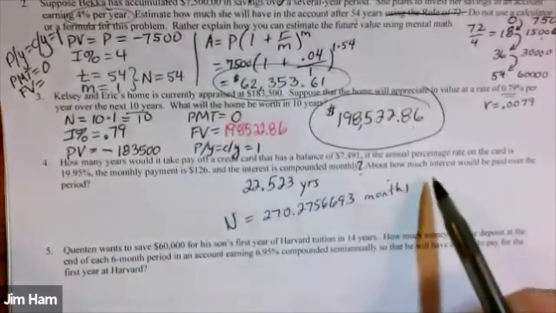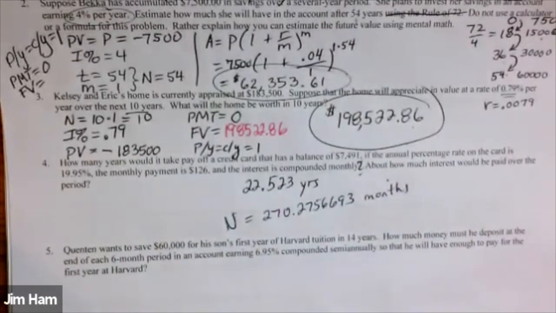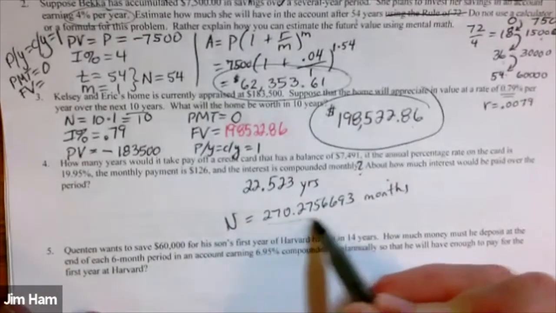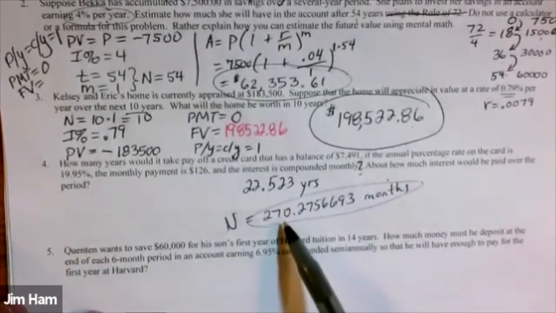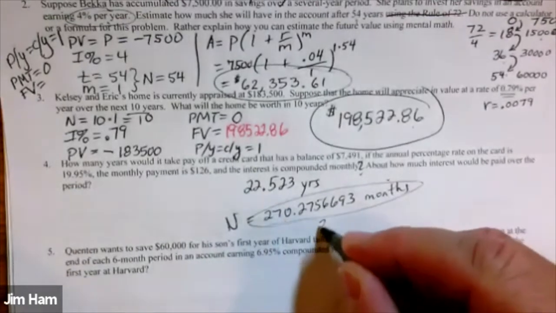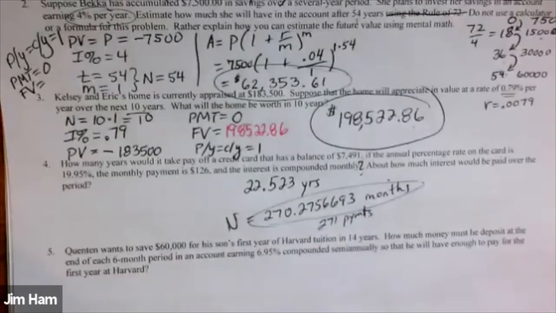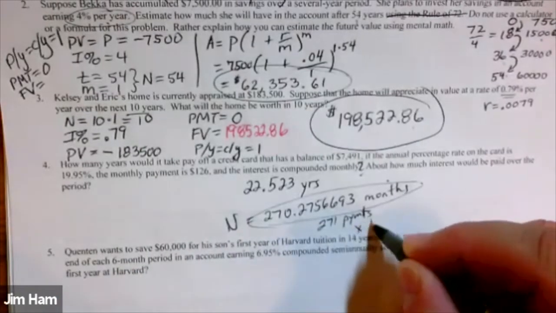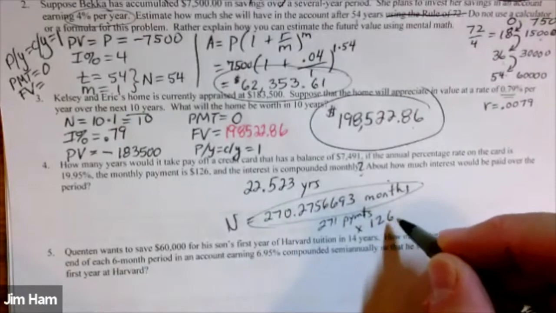All right, so the second question here says about how much interest would have been paid over that 22 years. So I'm going to go back to months, and I'm going to say, well, if we made 270 payments, we'd still have a little bit left. So it's really going to take 271 payments in order to pay this off. And we're making payments of $126.